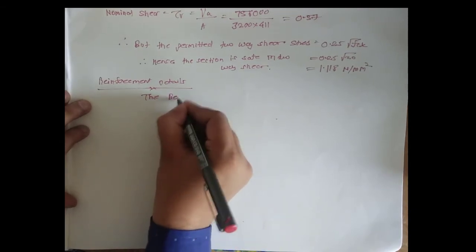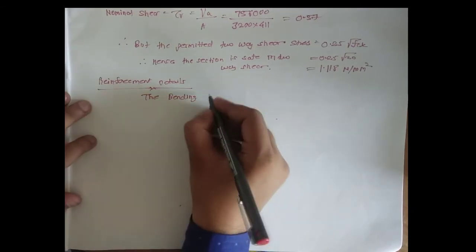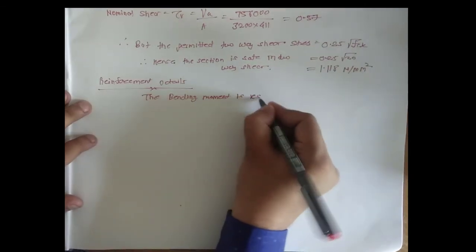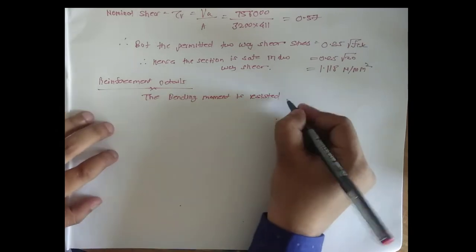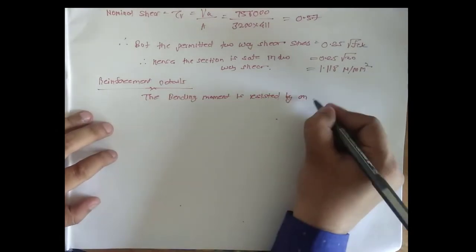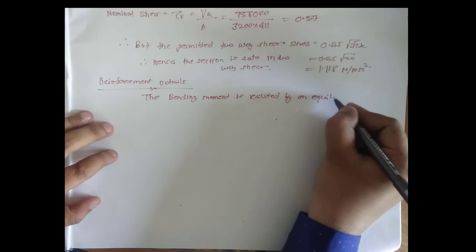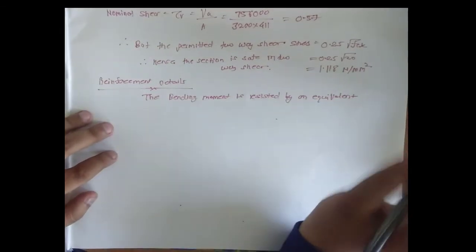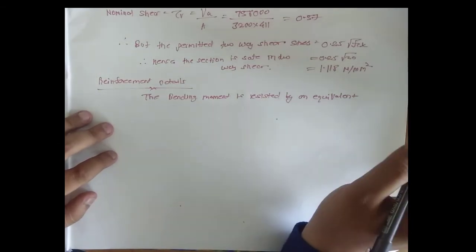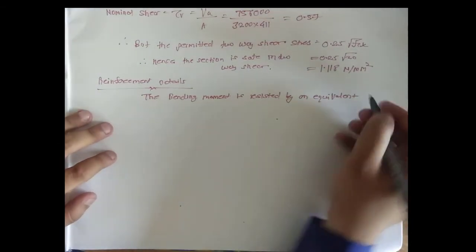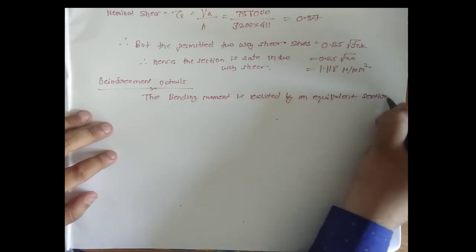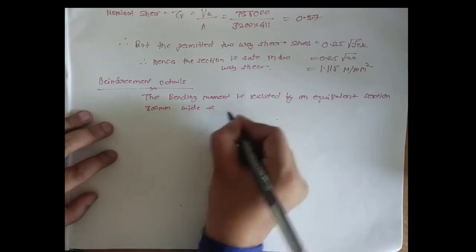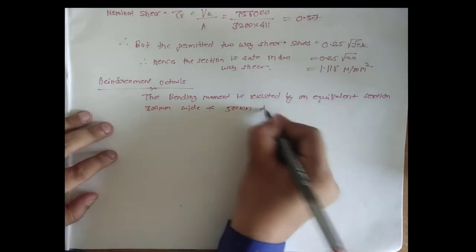The bending moment is resisted by an equivalent section of 300 mm wide and 500 mm deep.